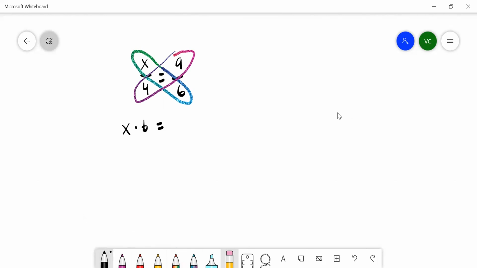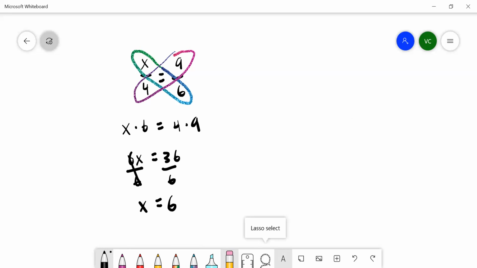So x times 6 is equal to 4 times 9. Well, x times 6 is just going to be 6x. We always put the number before the letter when we multiply them. And that's going to equal 4 times 9, which is 36. Then we divide both sides by 6. These cancel out. X is equal to 6.